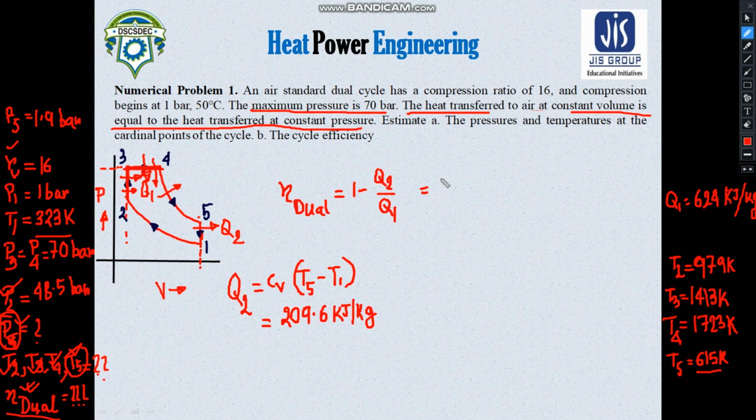And now it is easy to calculate the efficiency, right? Putting these values here, 209.6 divided by the 624, which we found as the heat addition, ultimately you will see that the efficiency of this dual cycle would become 66.5%, or in terms of decimal fraction, 0.665.